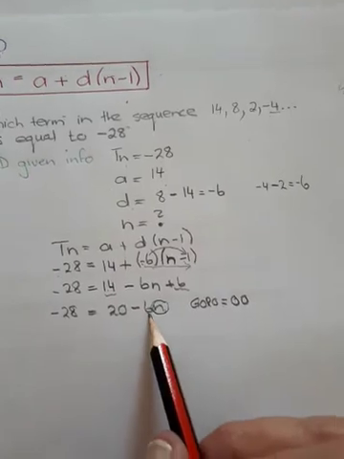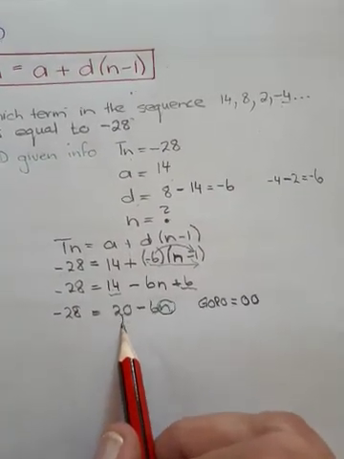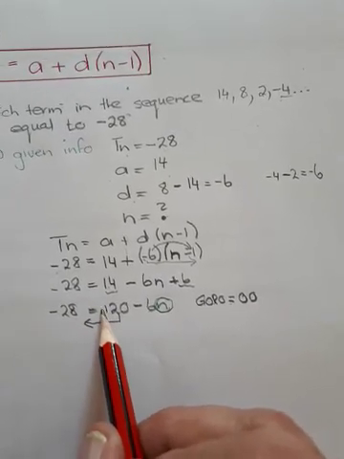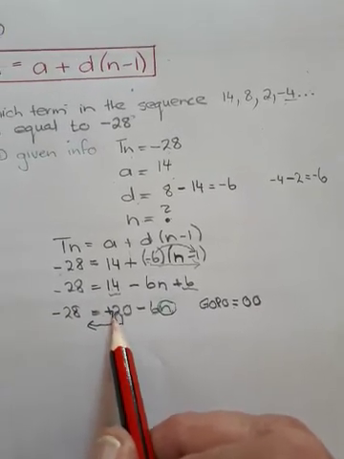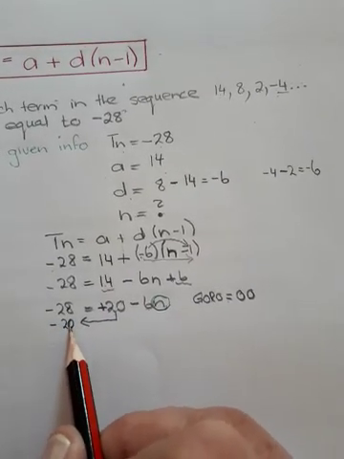So we want to find n, so we're going to leave n. We will start by moving the 20. The 20 is a positive 20 on this side, people, so it becomes a negative 20 on that side.